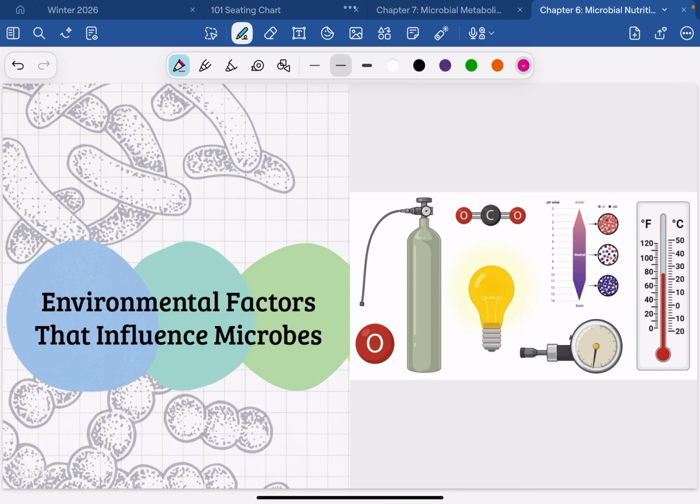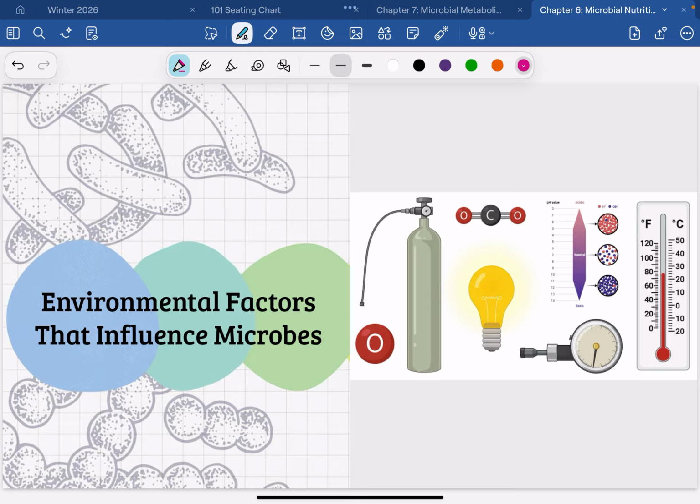Okay, so now that we've talked about what microbes like to eat and how they get those molecules inside their cells, we're going to talk about some of the other factors that go into microbes being able to survive, and that is the environmental factors.